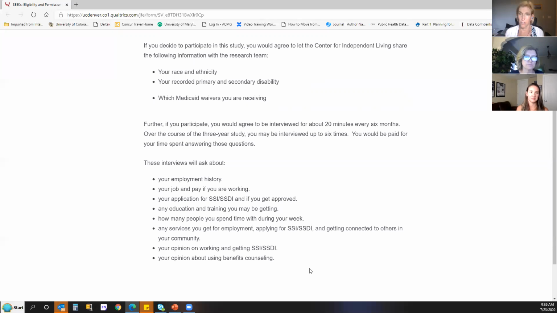You'd also allow the research team to contact you and interview you every 6 months for about 20 minutes. It could be up to 6 times, depending on how long you're in the study. As we mentioned, that's where you would get paid, for the 20 minutes you spend answering the questions. So that's the payment piece.